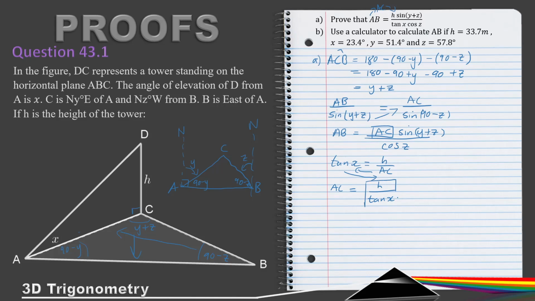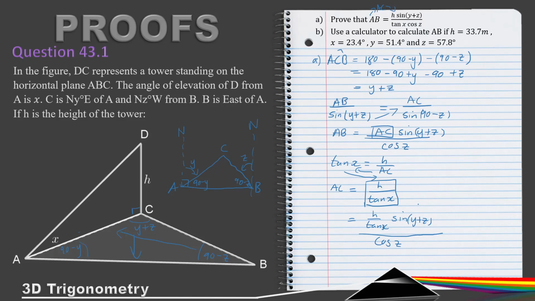So this AC's value. Now two ways we can do it. I think the easiest way might be just to take AC and put it in front of this whole bracket, or we can just plug in AC as it is there, and then we're going to have a fraction in a fraction. So maybe let's just do that. So we have h over tan x times sine of y plus z all over cos of z.